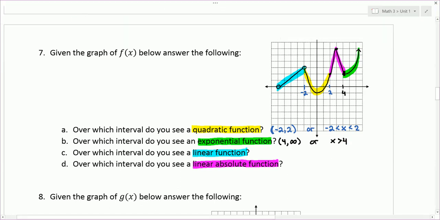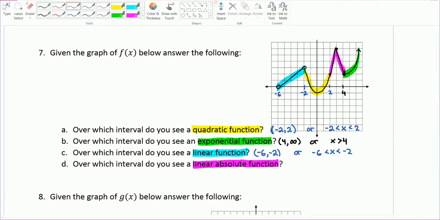A linear function, we have -2 as the right endpoint, and -6 is the left endpoint. When you write your interval notation, always go left to right, so -6 to -2. If we put that in inequality notation, -6 less than x, which is less than -2, or everything in between -6 and -2.